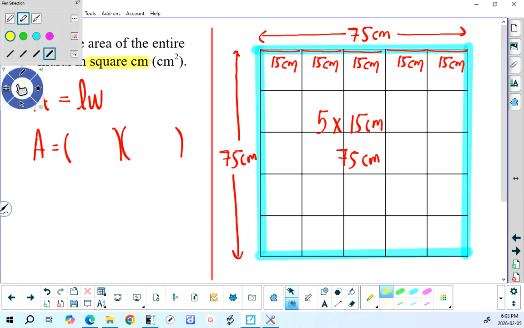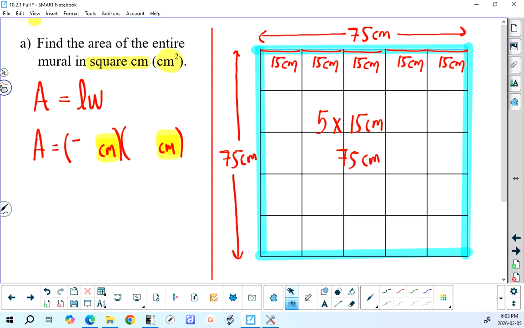A square centimeter is the same thing as writing a centimeter squared, and the only way you're going to get centimeters squared is by multiplying centimeters by centimeters. You can't get centimeters squared when you calculate area unless you're multiplying centimeters by centimeters. So that's why we're looking at using centimeters here.